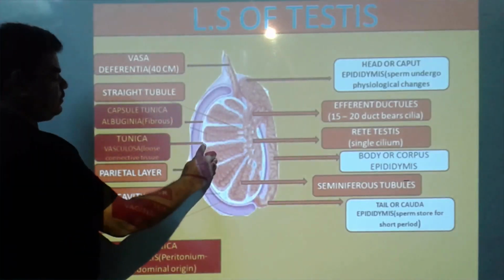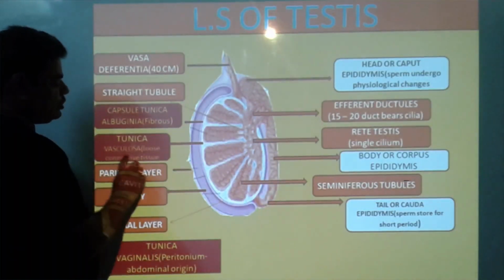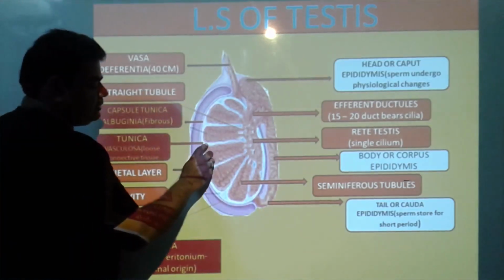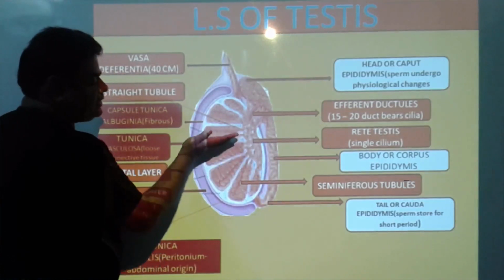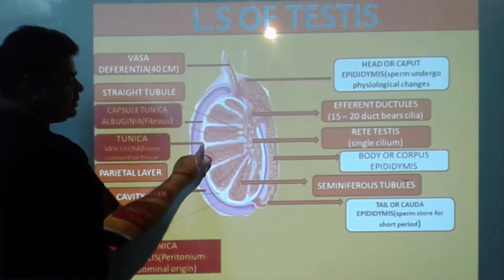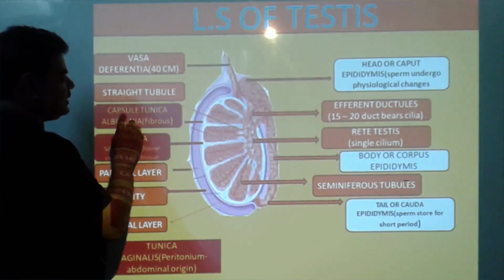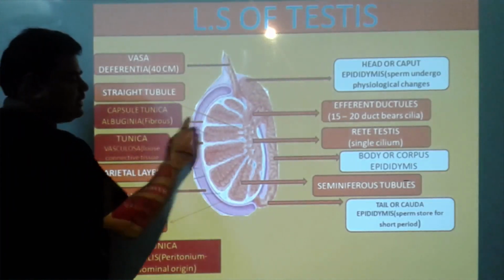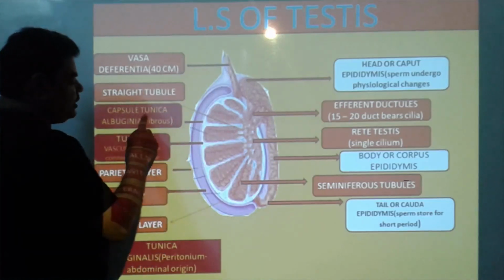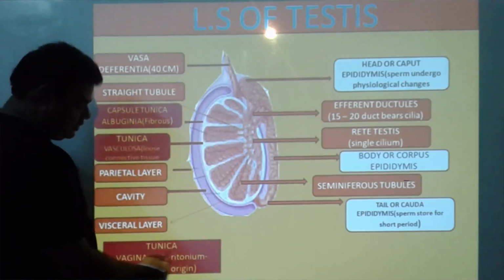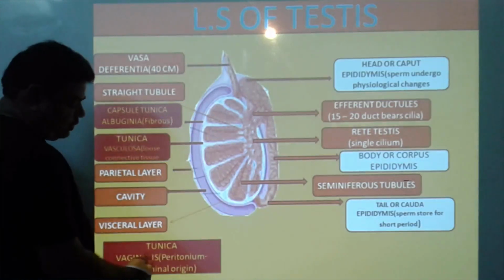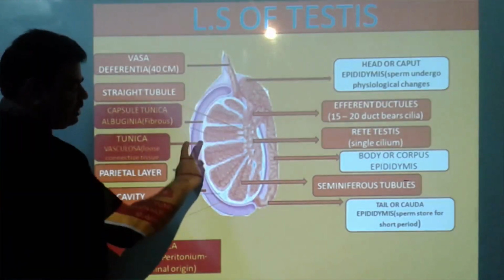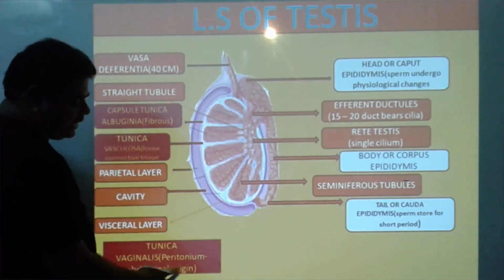The first one we call the tunica vesiculosa, made up of loose connective tissue which invaginates inwards and divides the testes into about 250 compartments. The second wall is the capsule, the tunica albuginea, which is fibrous in nature, and this tunica albuginea is surrounded by the third wall. The third wall we call the tunica vaginalis.